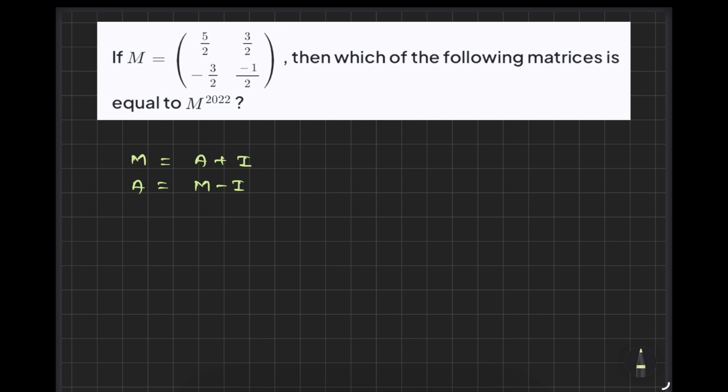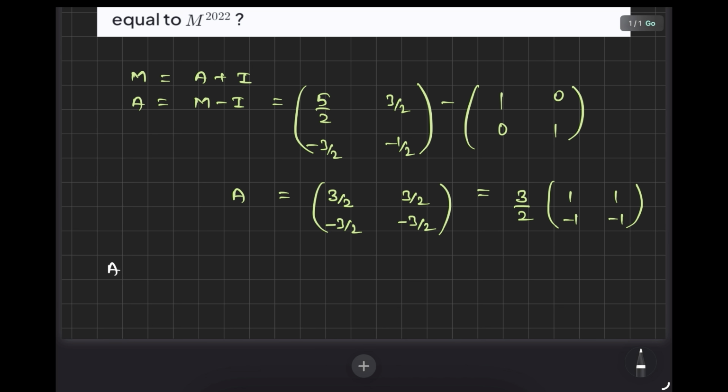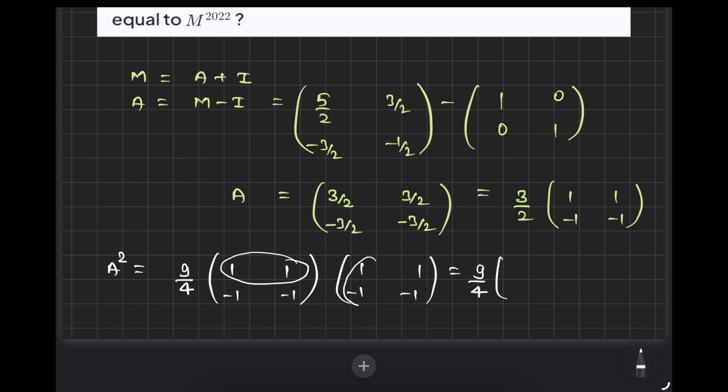Now try to find the pattern in A. I will connect all the dots, but first try to find the pattern in A. Suppose we are interested in finding A square, which is A into A. So it is 9 by 4 times the matrix 1 1, minus 1 minus 1, times 1 1, minus 1 minus 1. To get this element, a11, the first row is multiplied with the first column.